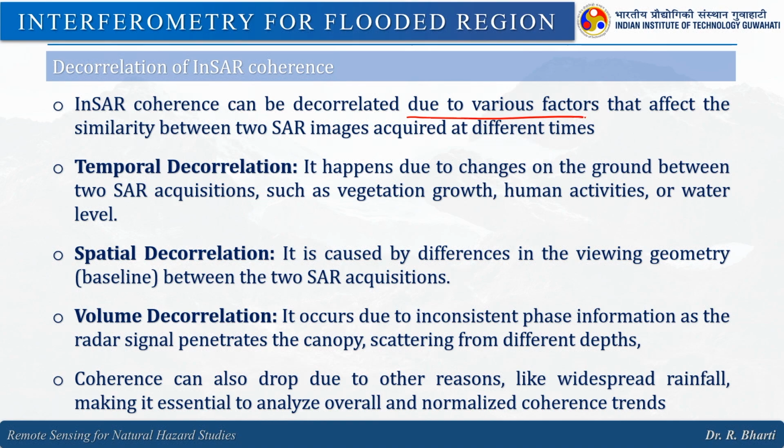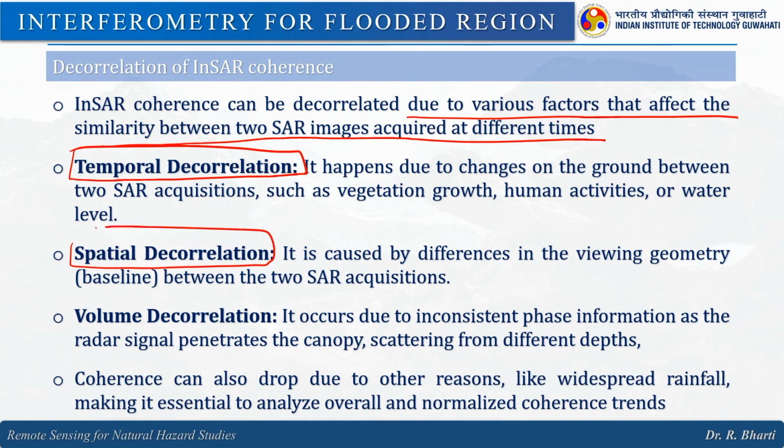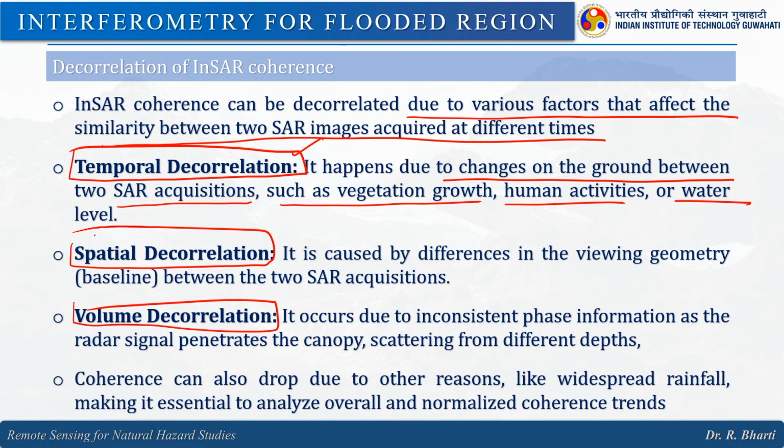So, decorrelation is due to various factors that affect the similarity between two SAR images acquired at different times. The first one is the temporal decorrelation, right, then spatial decorrelation and then volume decorrelation. Temporal decorrelation happens due to change on the ground between two SAR acquisitions, such as vegetation growth, human activities or water level. So, it could be flood.